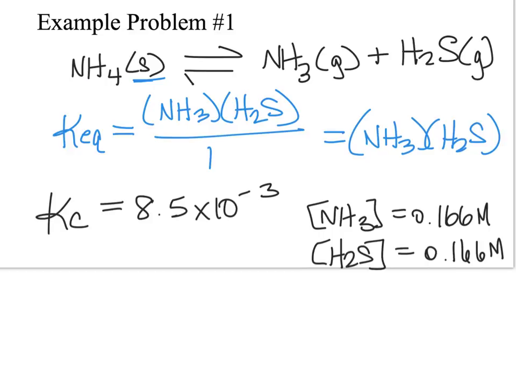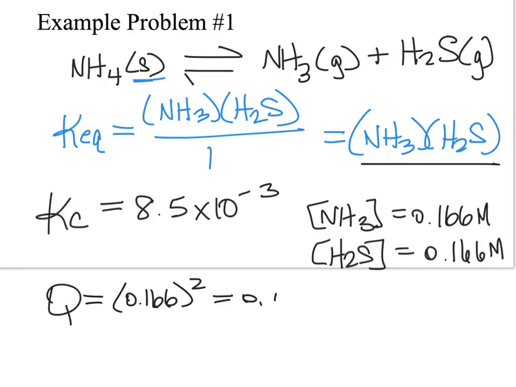All right, so what we need to do is solve for Q. Because we don't know if it's at equilibrium, we call it Q. But we're going to solve it the same way as we have this formula up here. Their concentration is the same, so I'm just going to square this number, 0.166 times 0.166, and I'm getting 0.0276.